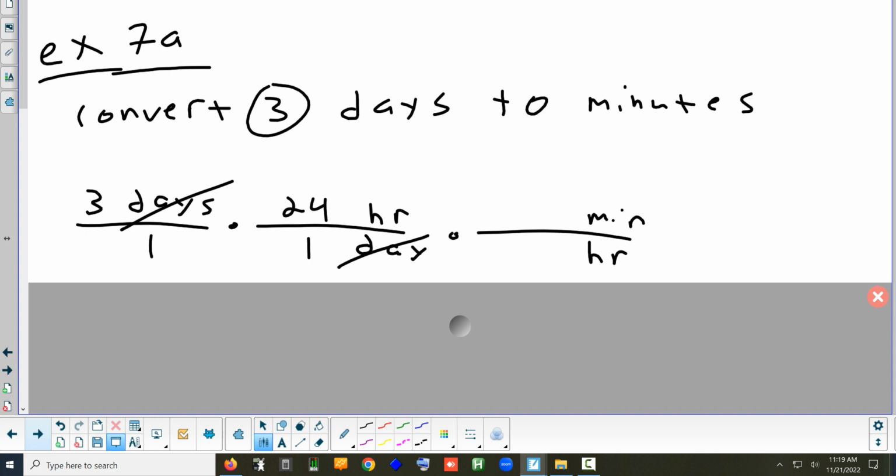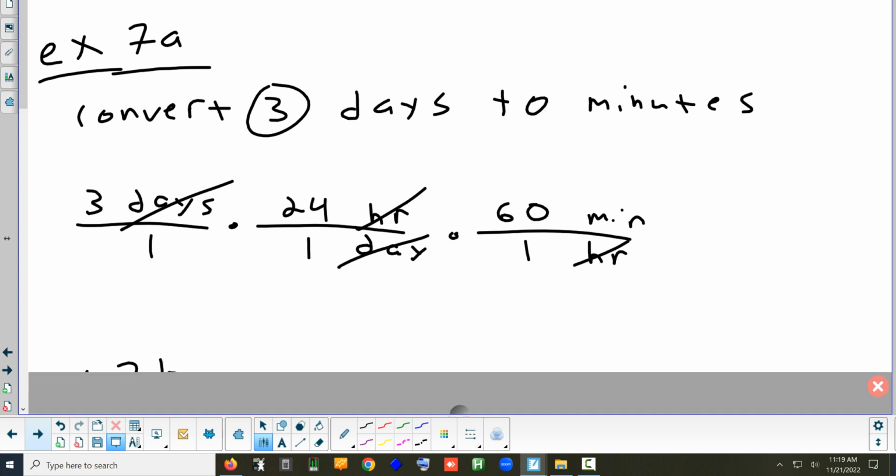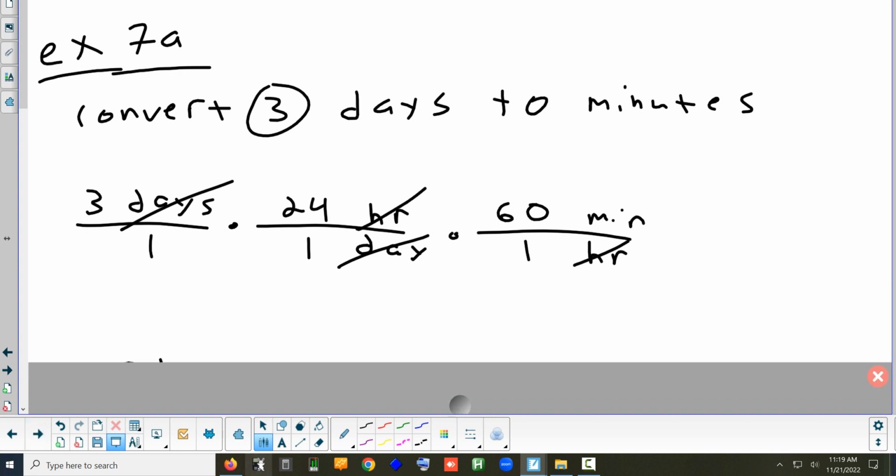And what's the connection between minutes and hours? 60 minutes in an hour. You could also write 120 minutes in 2 hours. It's more complicated, but any fact that you know is true, you can fill in right there. Hours in the top, hours in the bottom. And now multiply straight across.